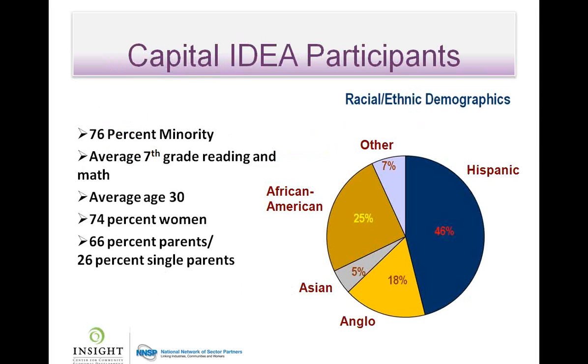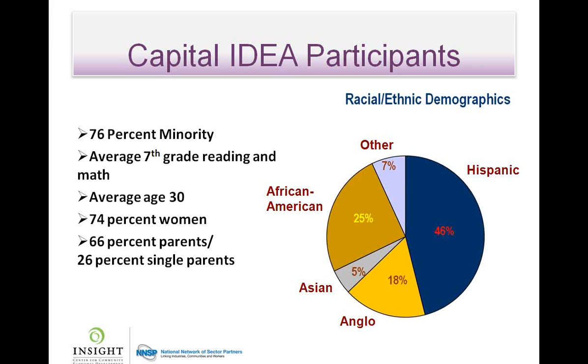Capital IDEA participants, as the slide shows, are typical of what you would expect: majority minority and majority women. No matter what educational level they might have, their reading and math levels average at 7th grade when they come into the program. Now, Capital IDEA is a long-term training program.